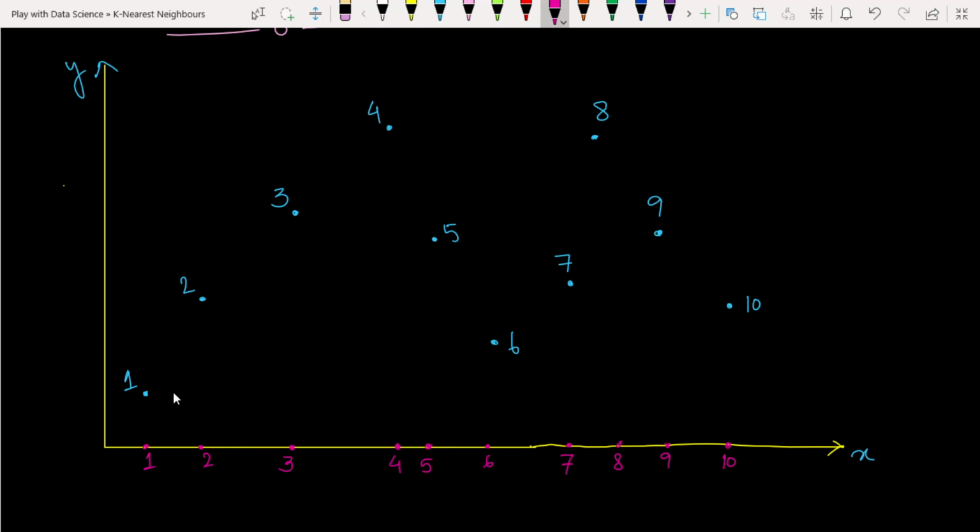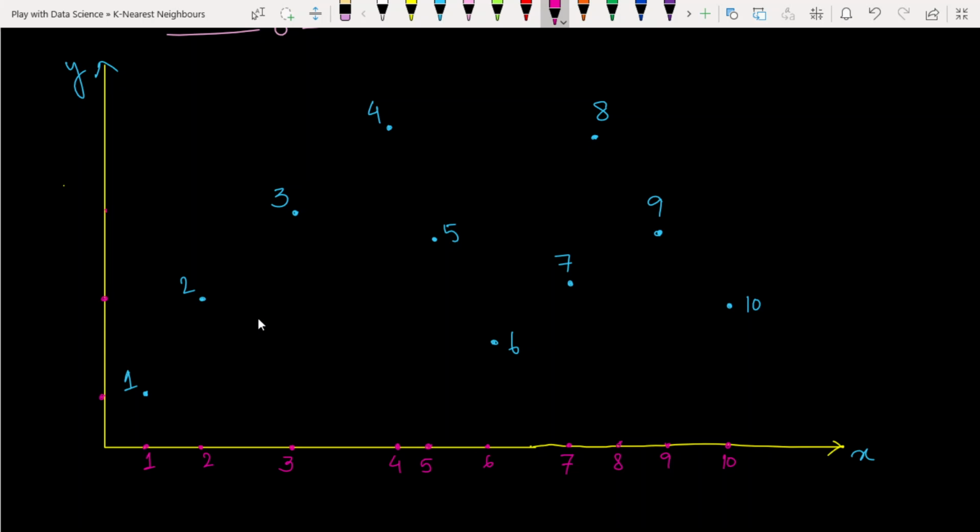This is the image of our data points on the x-axis, and similarly the points also have images on the y-axis.